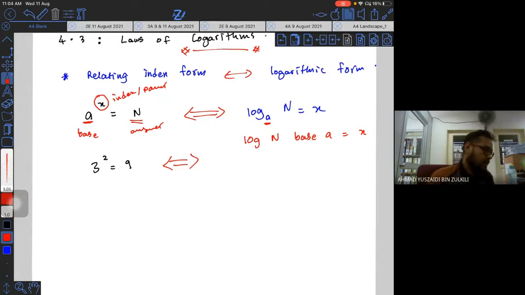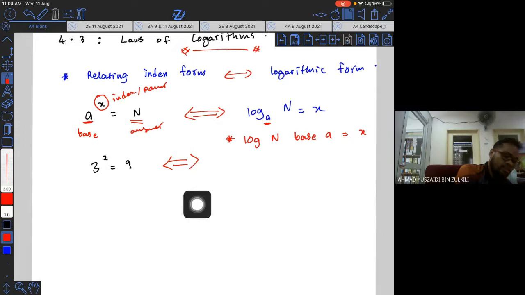So how to change 3 to the power of 2 equal to 9 into log form? Okay, you can just write it. Use this sentence. How to change it? Try to see which one is A, x and n, in terms of 3 to the power of 2 equal to 9. And then change it into log.